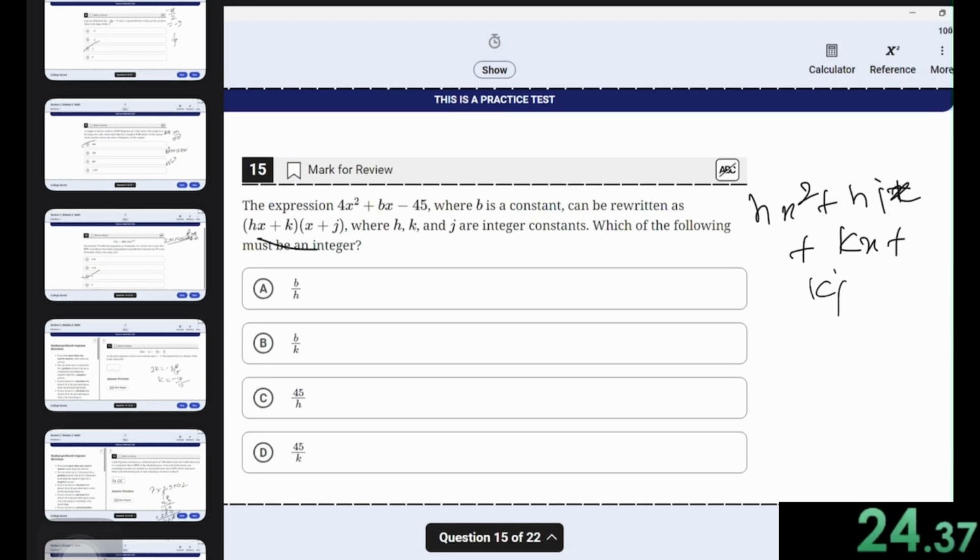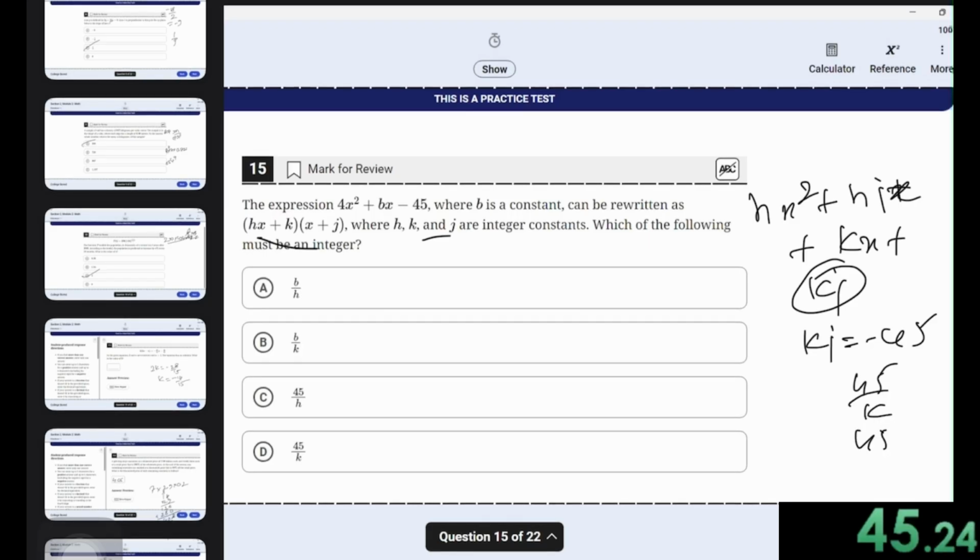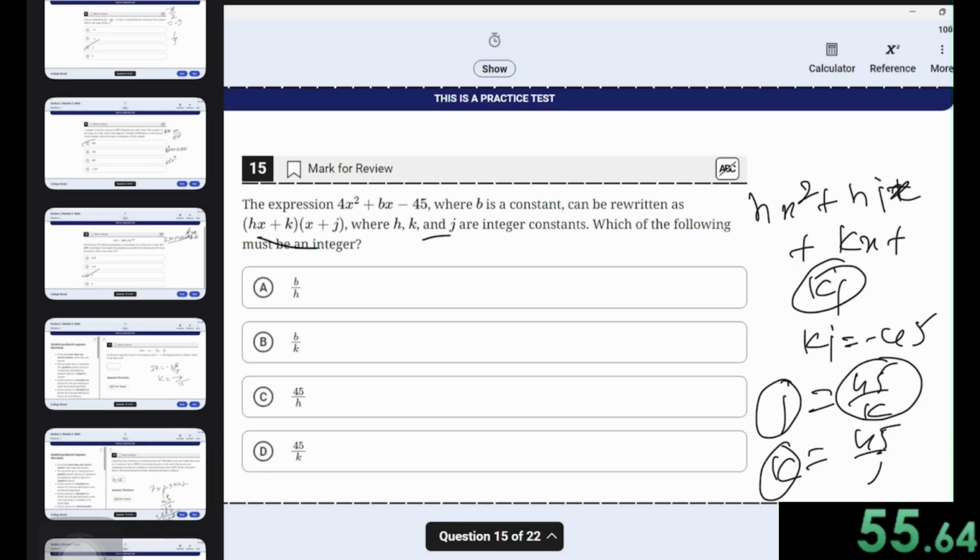Now kj is equal to minus 45, and k and j are integers, which means 45 upon k and 45 upon j should be integers as well, because these are j and these are k. As k is an integer and j is an integer, 45 upon k should also be an integer, and 45 upon j should be an integer. So here is our answer. Cool.